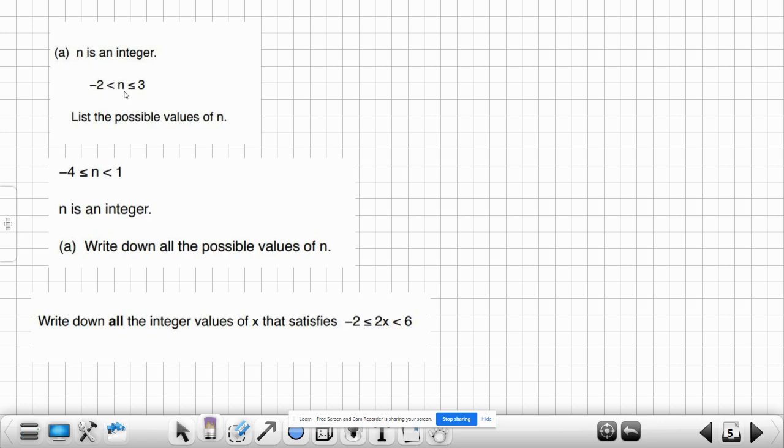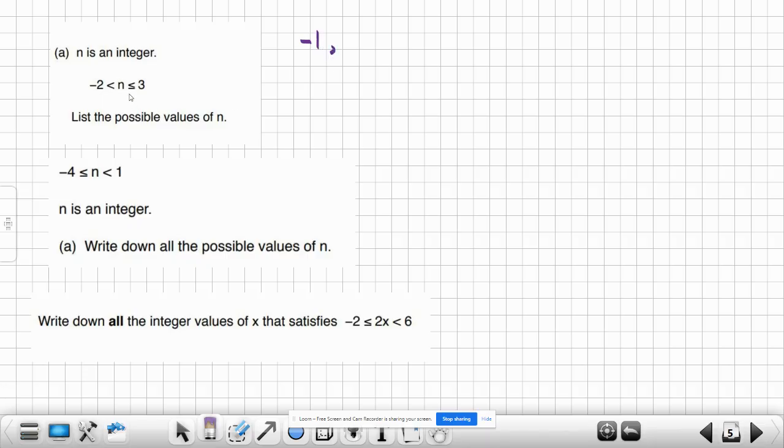And then we can go on to say n is equal to or less than 3. List the possible values of n. The first thing we should ask is, could n be minus 2? No, it couldn't, because we're told n is greater than minus 2. So the first integer that it could be is minus 1.